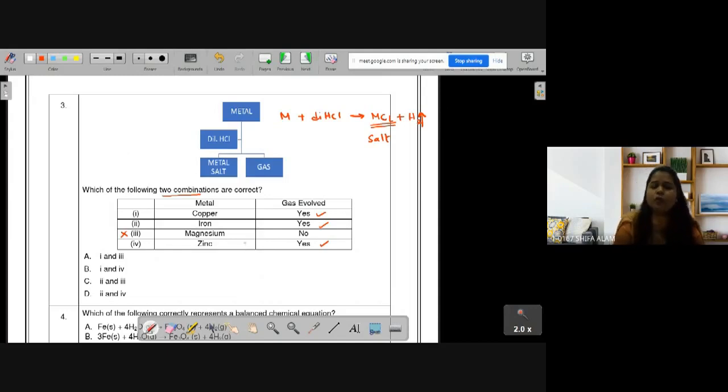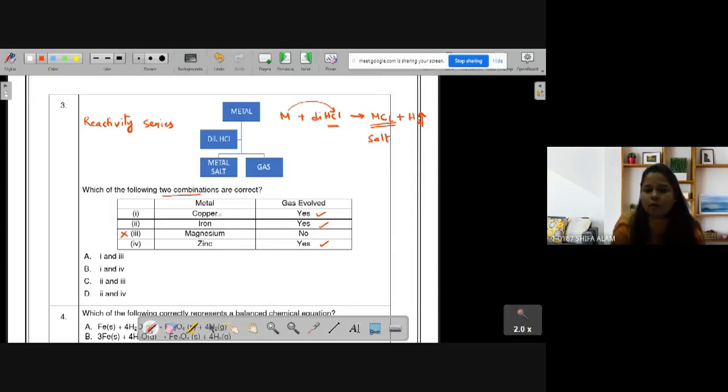Now when we look for the first column which depicts the metal, we have to understand which metal is capable of displacing hydrogen from this acid. Now if we remember the reactivity series, any element which is placed above hydrogen will be able to displace hydrogen from the acid.